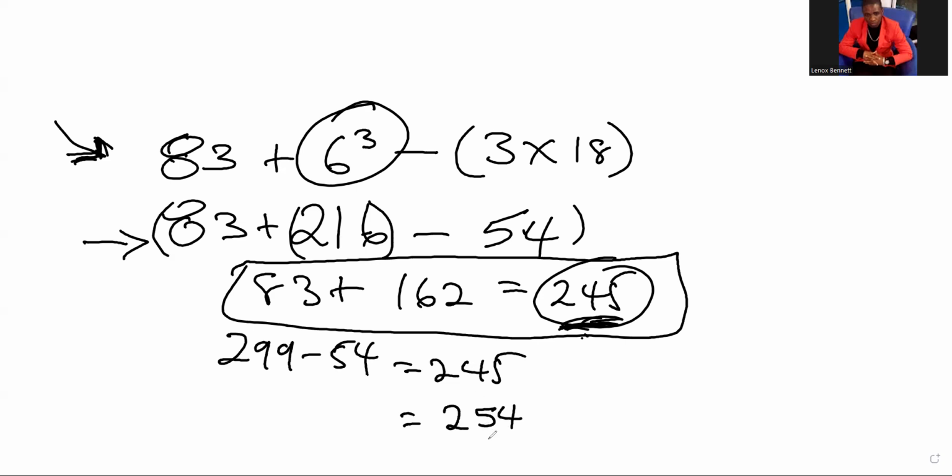Be careful, you see that? 245 is different from 254, so be very careful. Ensure that when you're writing it, it's in the correct order. That's why that person got thrown off. But this was the least good one out of all of them, guys. Not everyone got this on the first try like the others.